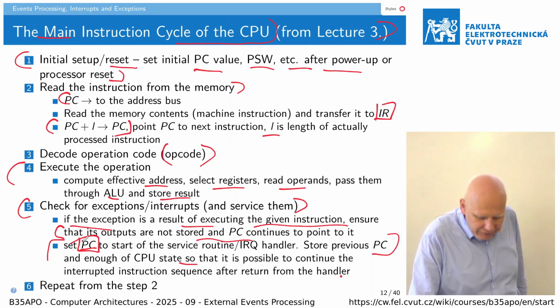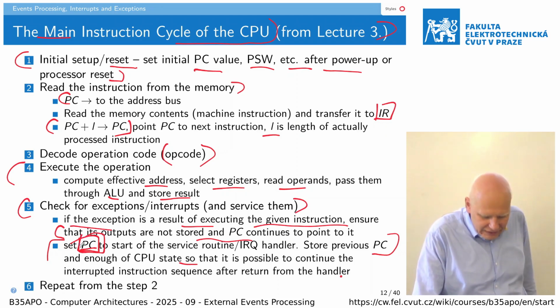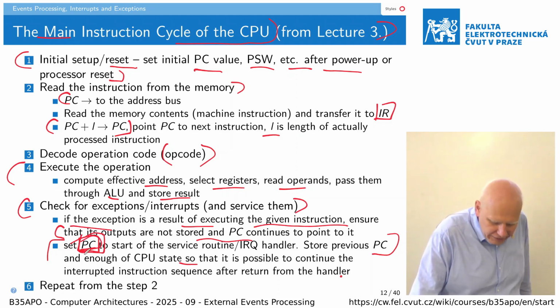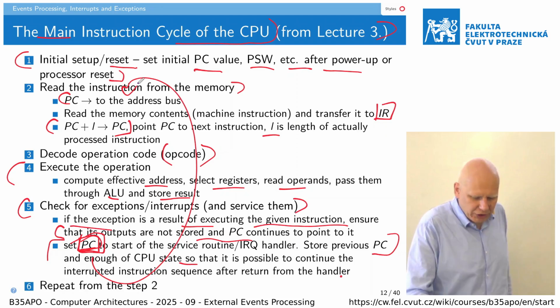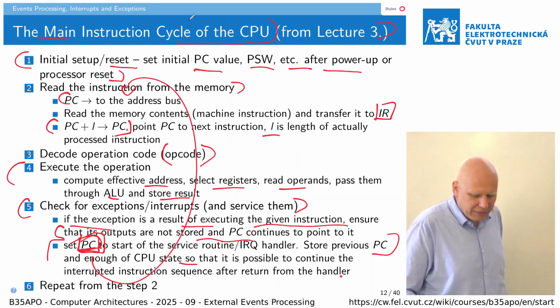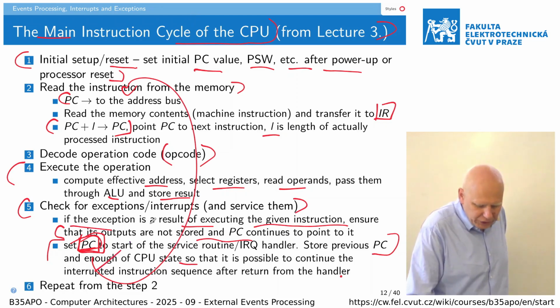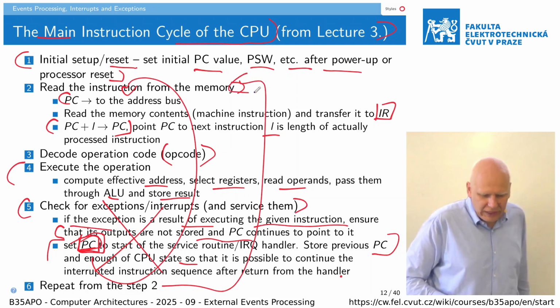Even if we start the exception, in fact we set the PC to the start of the exception routine, and we can continue with reading of the instruction. So even for the exception, we continue with the same processor in the same main cycle, maybe in a different mode. If there is no exception, then we continue to step 2 as well.